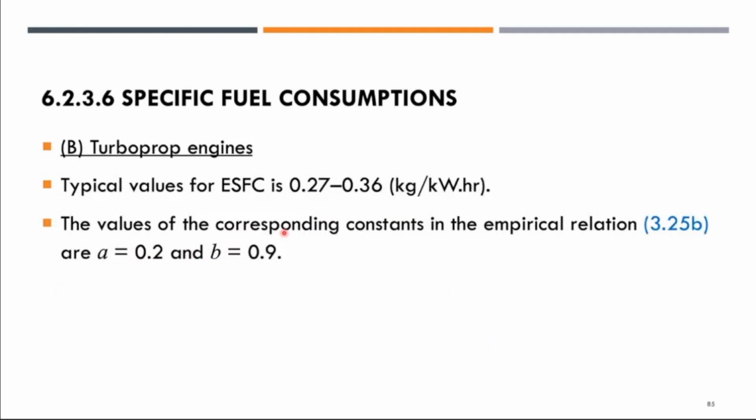For turboprop engine, typical value for ESFC is around 0.27 to 0.36 kilogram per kilowatt hour, and the values of the corresponding constants in the empirical relation. And where do these numbers come from? Basically, people doing research provide a table or an empirical relationship, and that's how they got these A and B, 0.2 and 0.9 respectively.